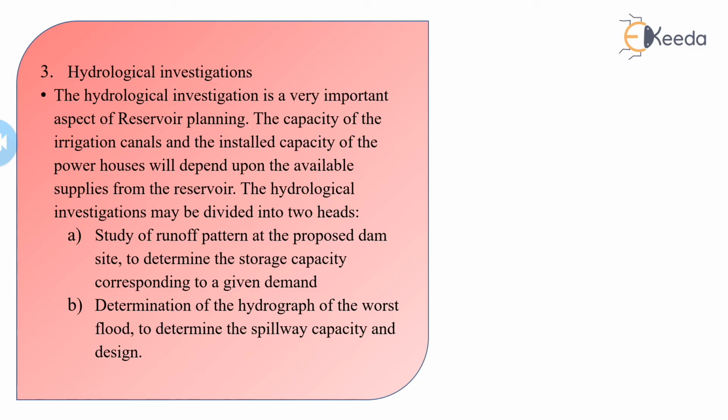I hope you understand all the surveys included in the investigation for reservoir planning. Basically, while dealing with the engineering survey, you have to focus on the area elevation curve and the storage elevation curve. This is not difficult. Just try to understand by analyzing the contour map only.